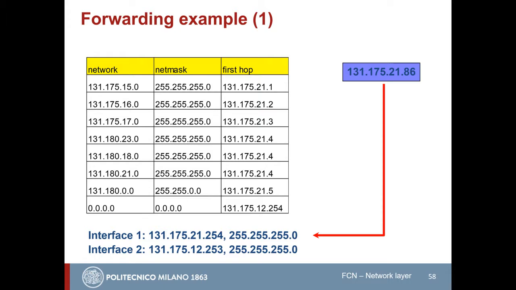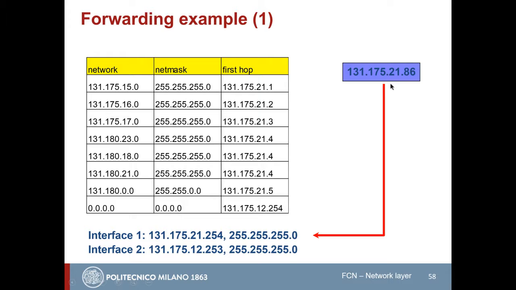The packet will be encapsulated in a layer 2 frame. The layer 2 frame will be sent to the destination. You can see that you don't have a matching with the other interface, because in this case you will obtain 131.175.12, which is not matching with the .21.